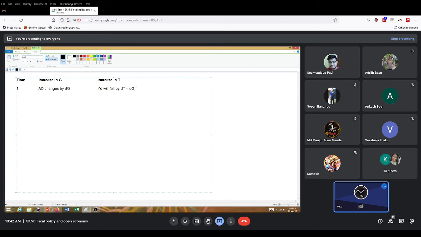But how much will consumption or demand fall? What is the consumption equation equal to? Capital C is equal to small c into Y minus T. So if T rises, how much will demand fall? It will fall by c into dT, right?